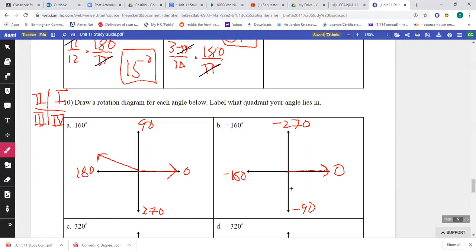So we're going to go negative 90, and then negative 160 is going to be between negative 90 and negative 180. But it's much closer to negative 180, right? So it looks like that. And so for letter A, you're in quadrant 2, or for B, you're in quadrant 3.